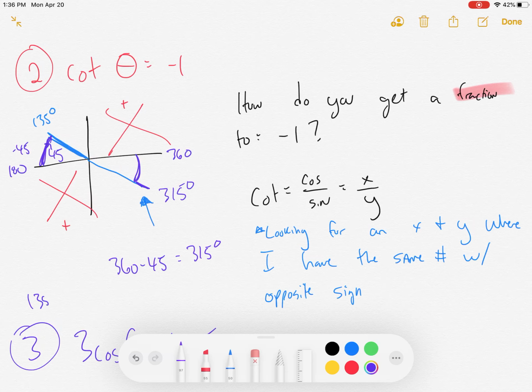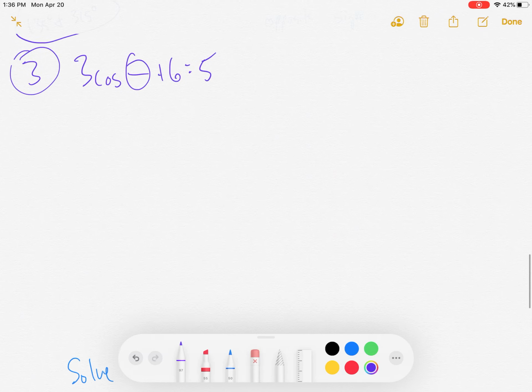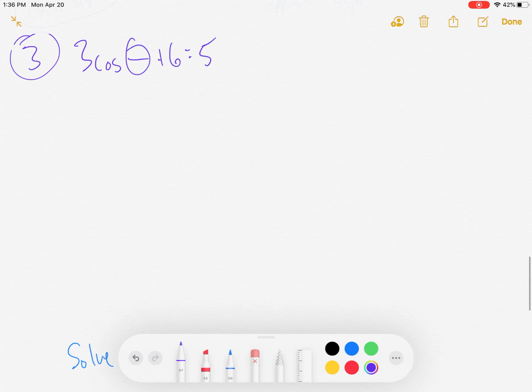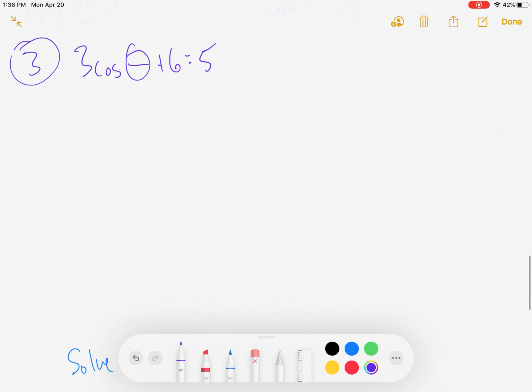This angle is 315. So your two answers now are 135 and 315. Okay, those were easier because we could use our unit circle to figure them out.